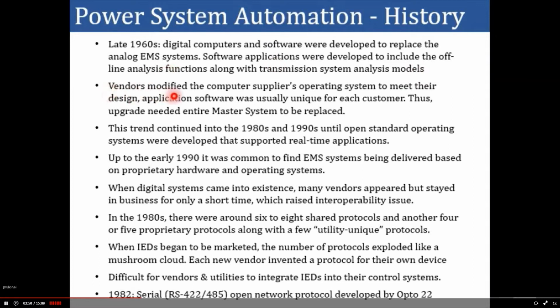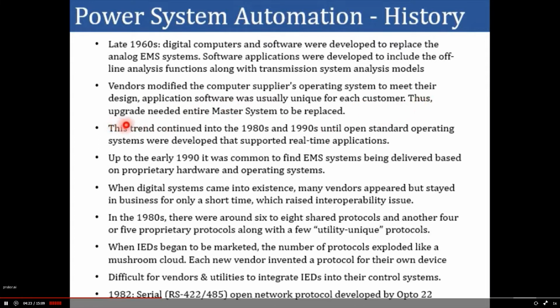Now vendors at that time modified the computer suppliers' operating systems to meet their design applications. The application software was usually unique for each customer. So you can see that the operating systems were not robust enough, and the computer suppliers' operating systems were modified and designed to suit the individual requirements.